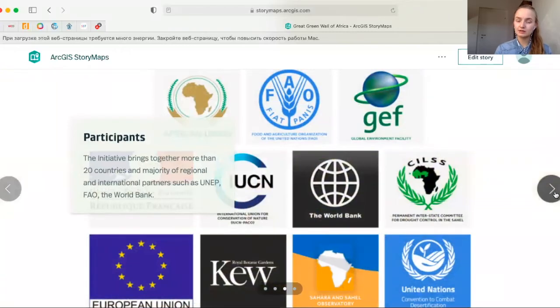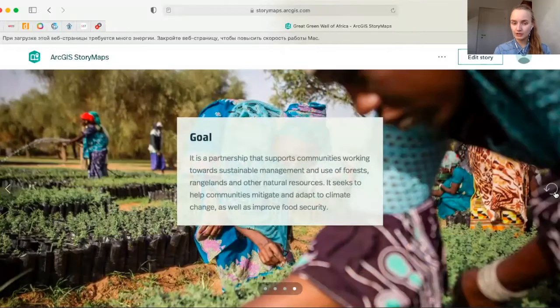The initiative brings together more than 20 countries, as I said, and also a majority of regional and international partners, such as UNEP, the Food and Agriculture Organization, the Global Environmental Facility, and the World Bank. The main goal of the project is to convene a partnership that supports local communities towards sustainable management and use of forests and other natural resources.